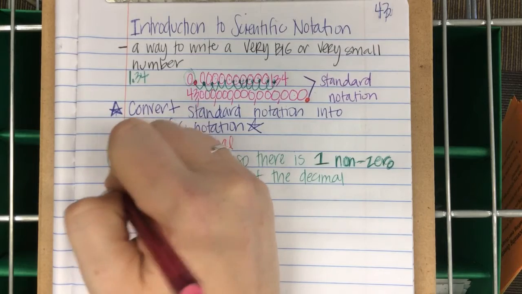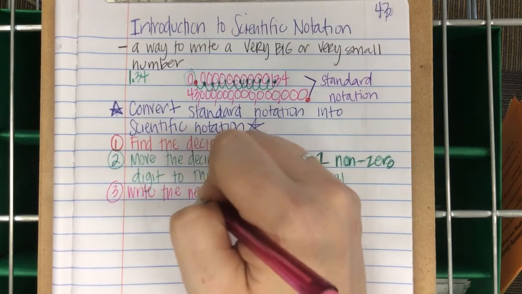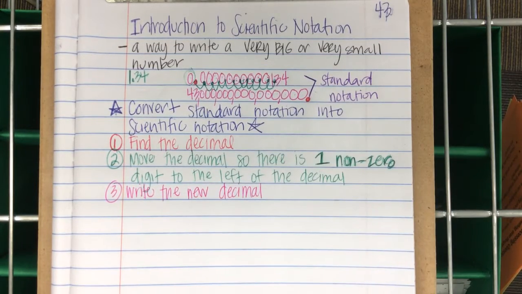Step 3 is write the new decimal. Instead of having 0.000000000000134, I moved my decimal so there's 1 non-zero digit to the left. So now my new decimal is 1.34.